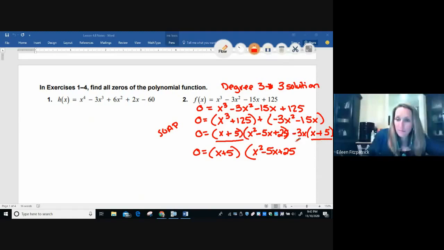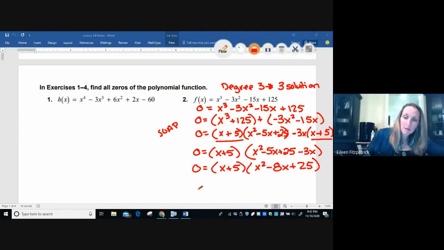And whenever I divide this by x plus 5, I have that minus 3x. I missed that the last time. I'm sorry. All right, so combining like terms, I have x squared minus 8x plus 25. Just taking a look at my notes, I noticed that -8 instead of -5.